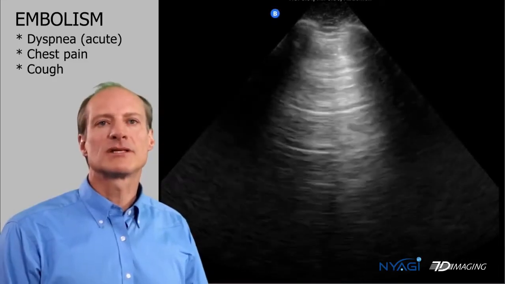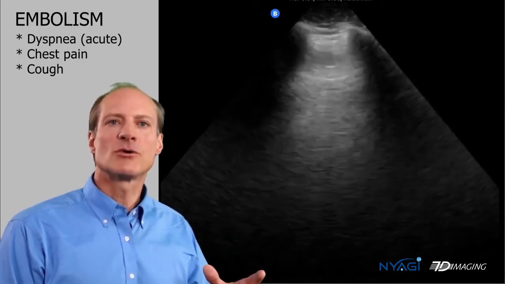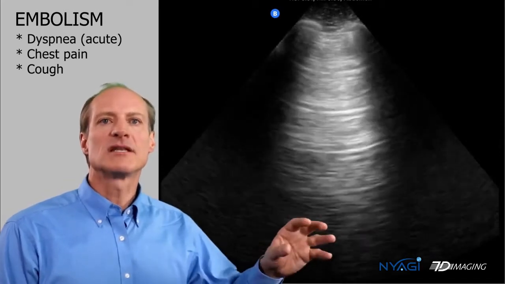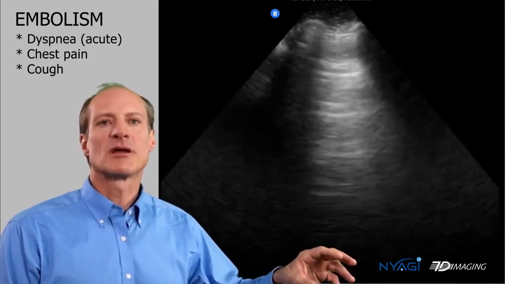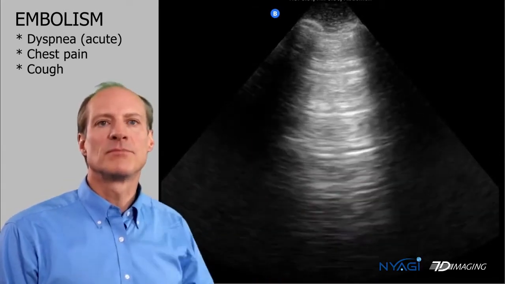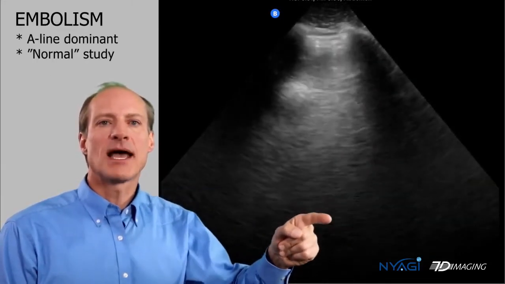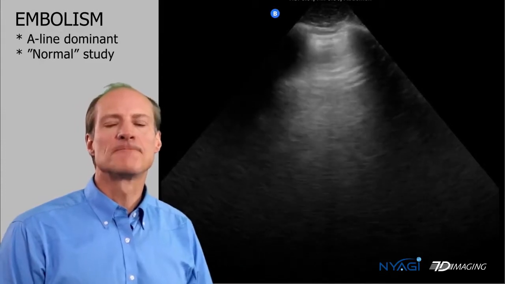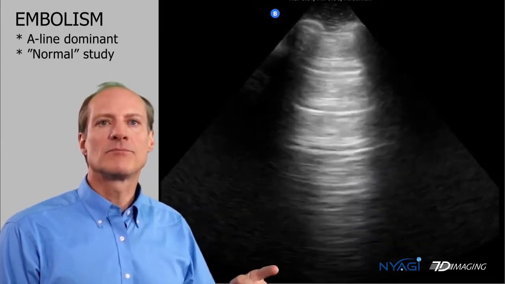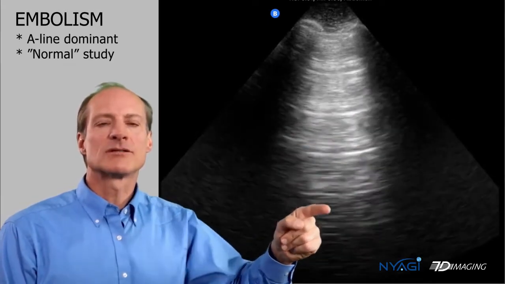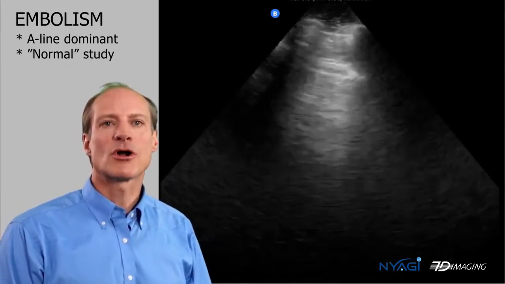In a pulmonary embolus, you may have a clinical situation where there's acute onset shortness of breath. This may be from a dislodged clot from the lower extremities that goes up and blocks the blood supply to the lung. You may see a normal A-line pattern of lung tissue when you're doing the scan in a pulmonary embolus. Here you can see A-lines in the intercostal space, as we discussed before.